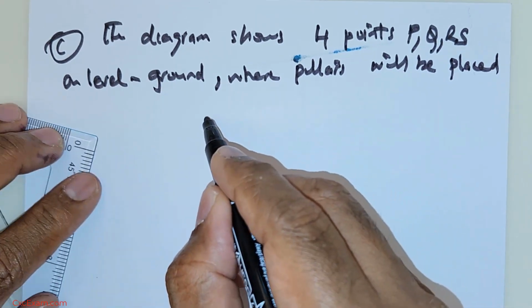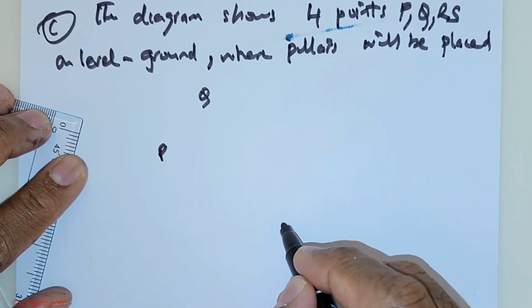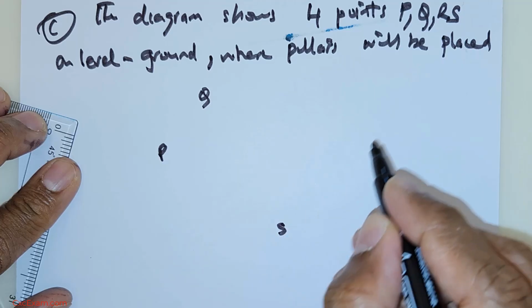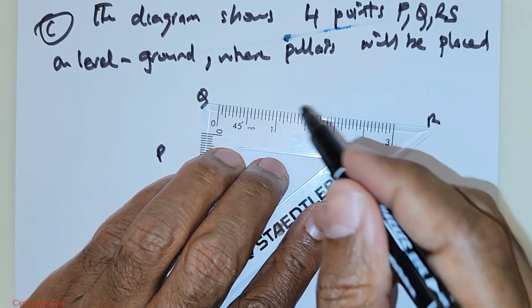So you have Q here, you got P here, you got S, you got R. So you have to connect all these points.